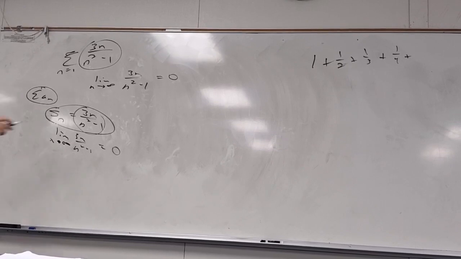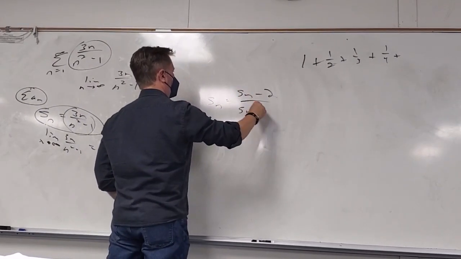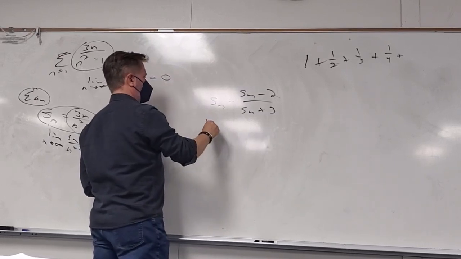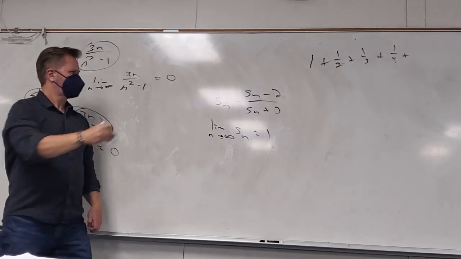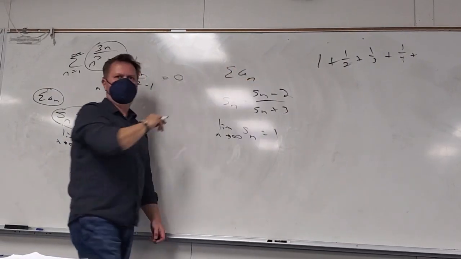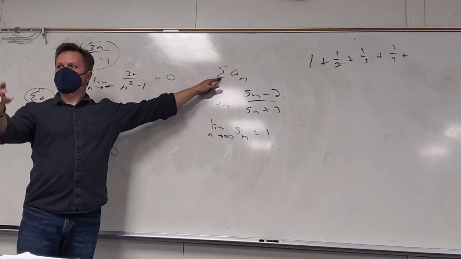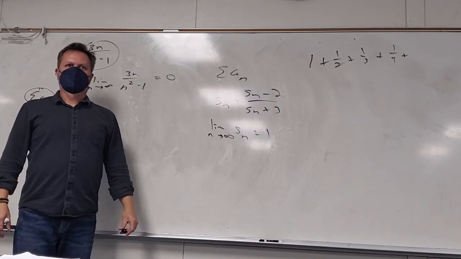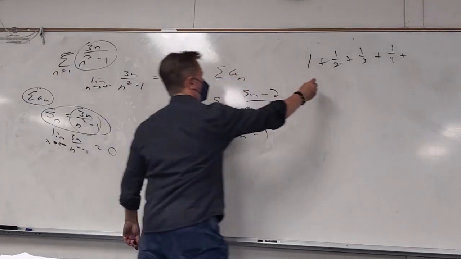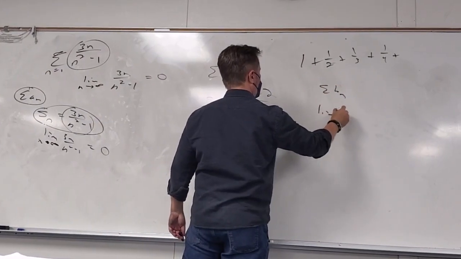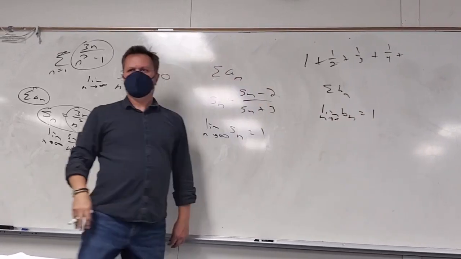Okay, so if Sn was 5n minus 2 over 5n plus 3, what's that limit? 1. What does that mean for this series? It converges to 1. Done. But if I have something else, and the limit of bn is 1, what does that mean?